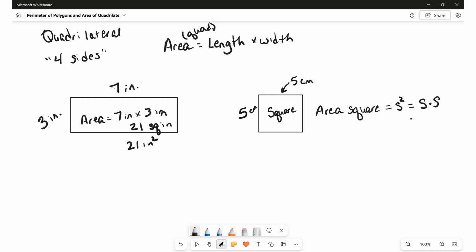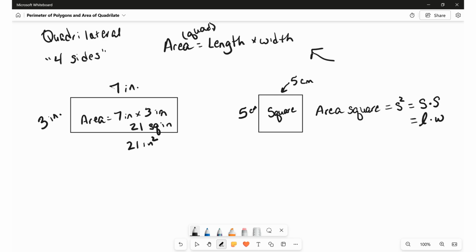Isn't that just the same as length times width, which is exactly what the formula for area of a quadrilateral is? So you can remember side squared if you want to do a lot of memorizing, or you can just remember the one formula. If it's some sort of a rectangle, it's length times width.